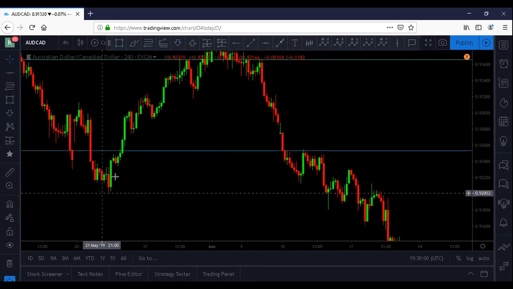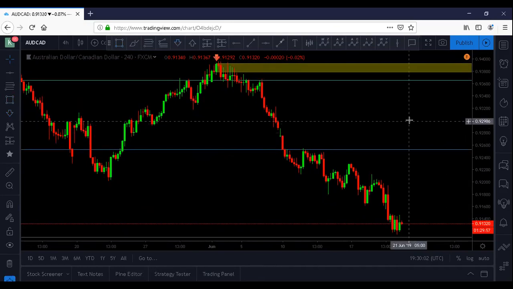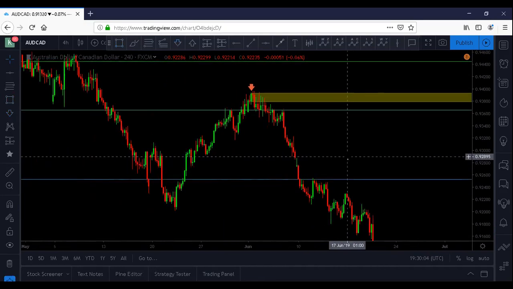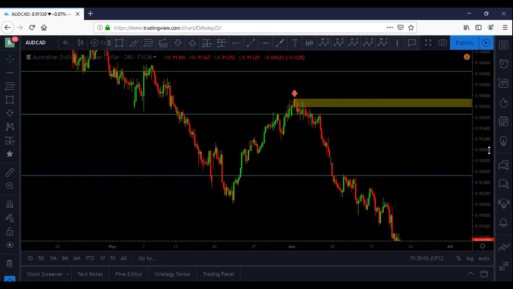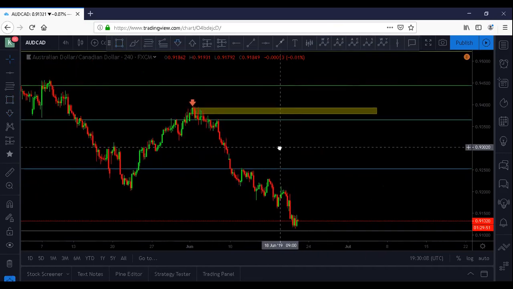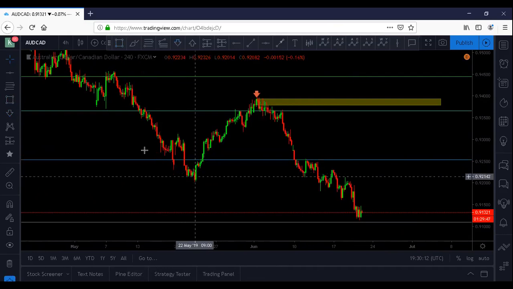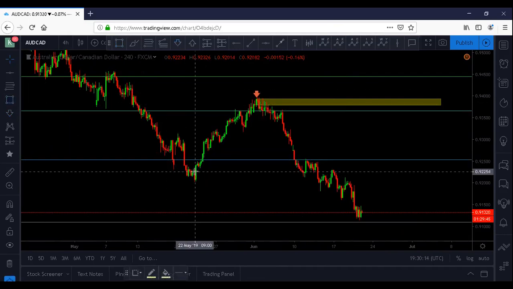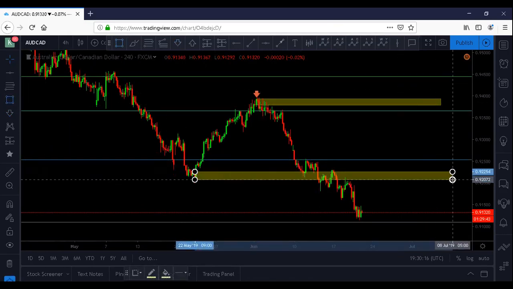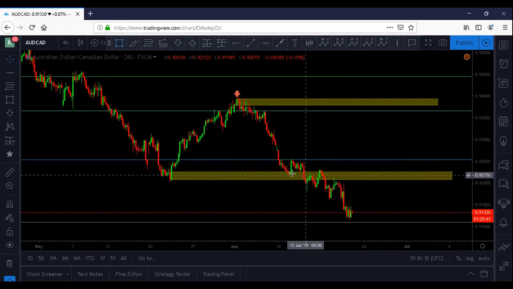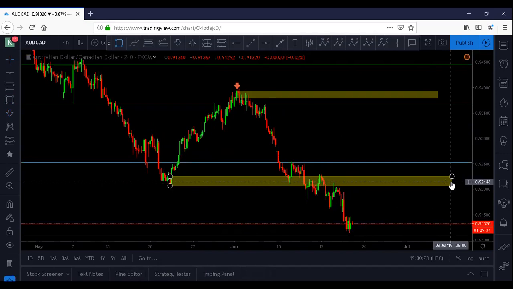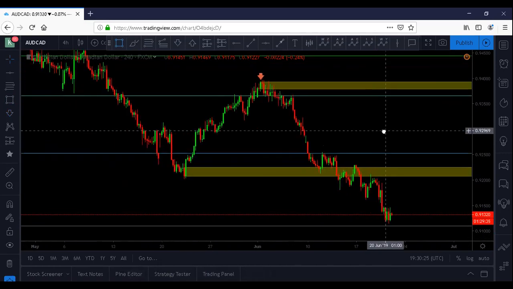So I see that you take that. Do you also include the wicks, or is it just the body of the candle? Just include the body. Oh, okay. So if I was to draw this one, take it like that. Can you see how nicely it fits on the future price action?